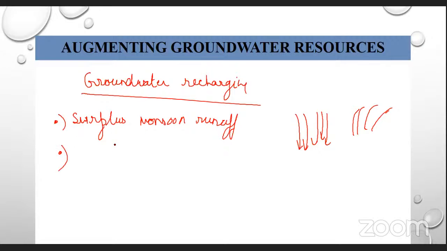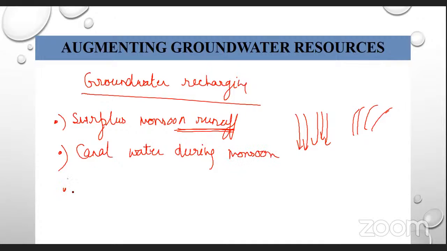And we can also use our canal water during the rainy season. That means in the rainy season we should not use the groundwater. At that time we focus on the use of canal water, and whatever water is flowing as runoff, we should use that water mostly.